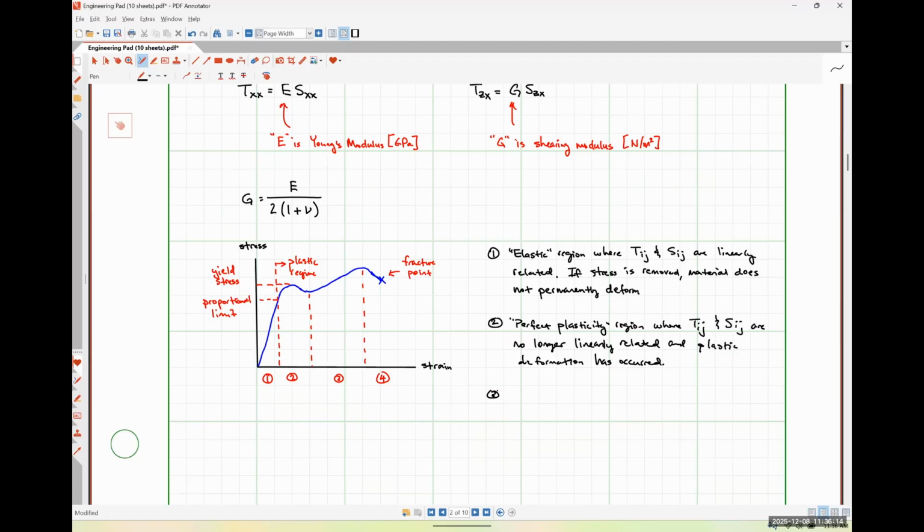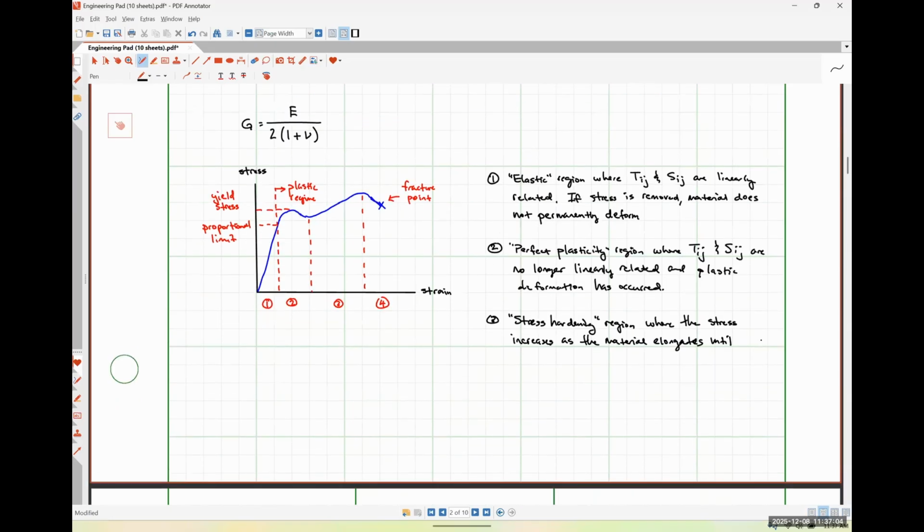Region 3 is the stress hardening region, where the stress increases as the material elongates until the ultimate strength point is reached.